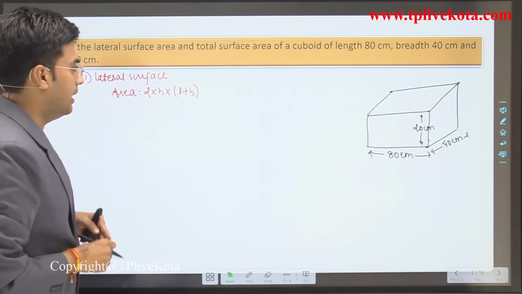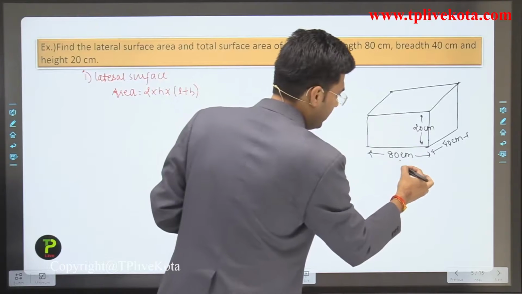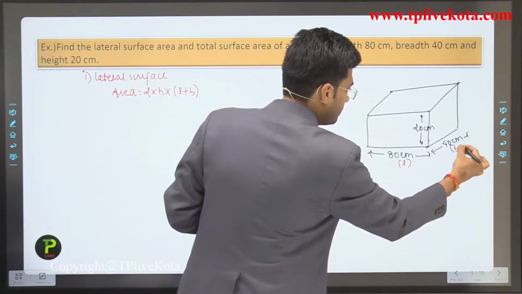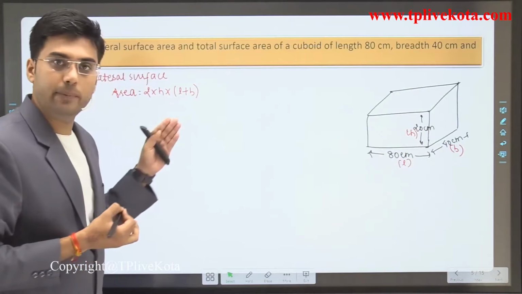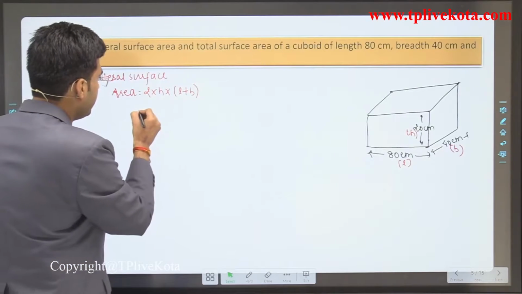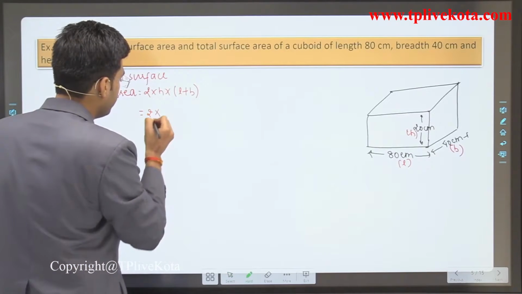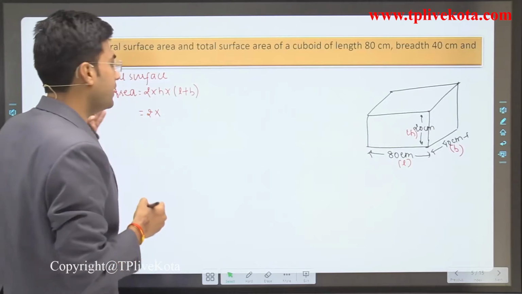Clear? And here L is 80, breadth is 40 and the height is 20. So let's replace the values of L, B and H. So it is equal to 2 multiplied by height, which is what?